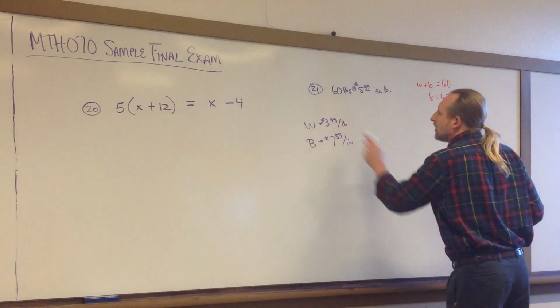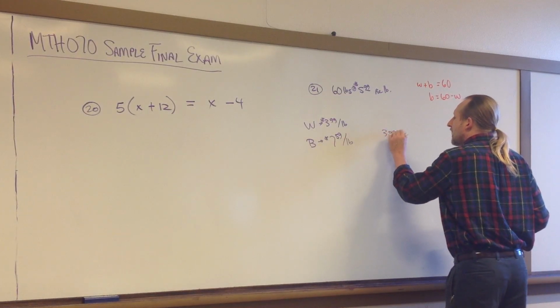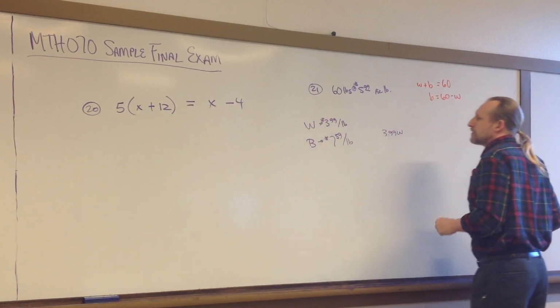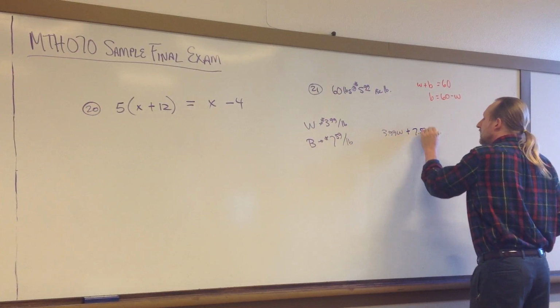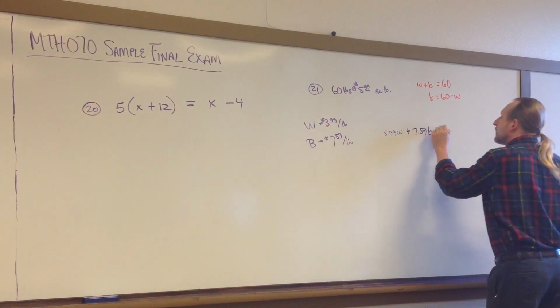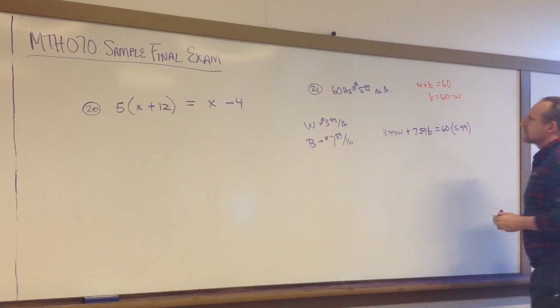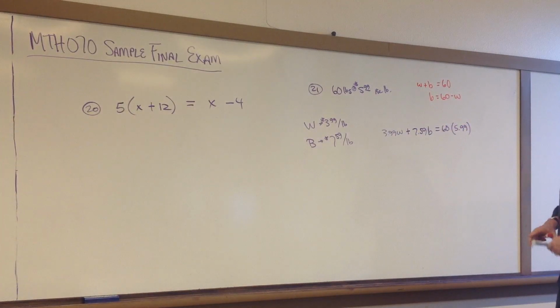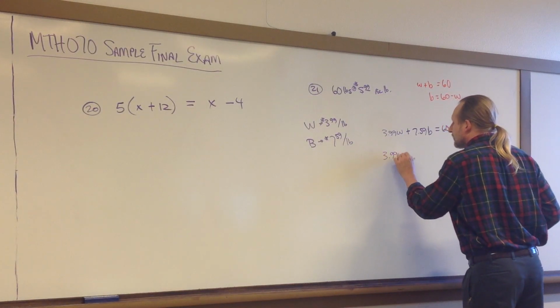So now, this is saying that $3.99 times however many pounds of walnuts we have, plus $7.59 times how many pounds of Brazil nuts we have, should make 60 times $5.99. Okay? Now, we're going to replace this B with a 60 minus W so that we can solve the equation for W.